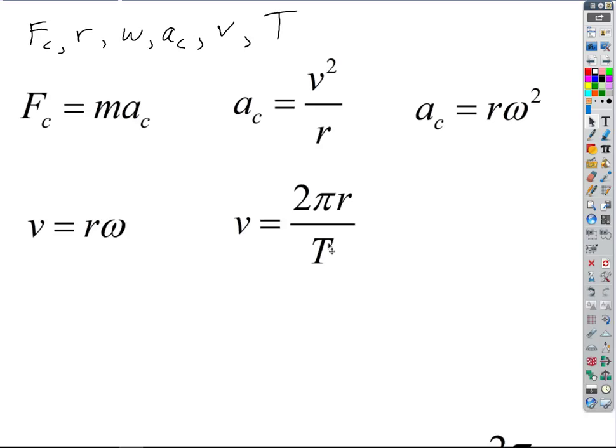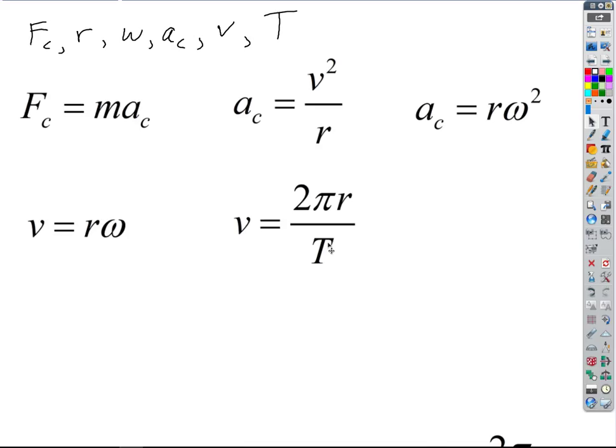What's the definition of speed? Just distance over time, right? So can you come up with a convenient distance and a convenient time that we could use to calculate how fast the object is moving around the circle? Radius over t? Okay, so it's something like that.